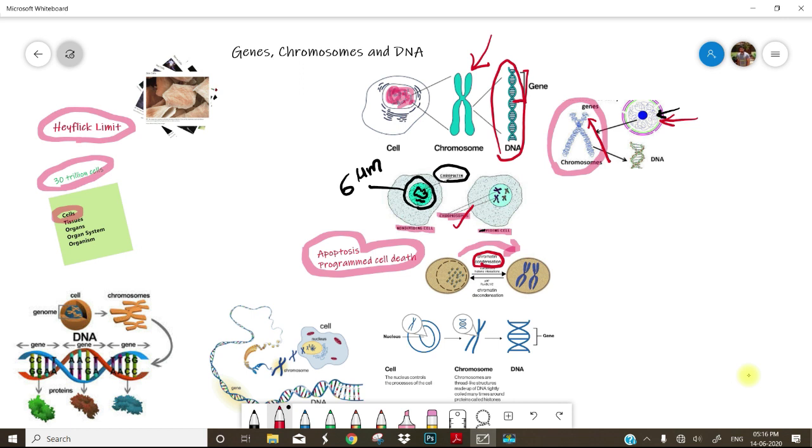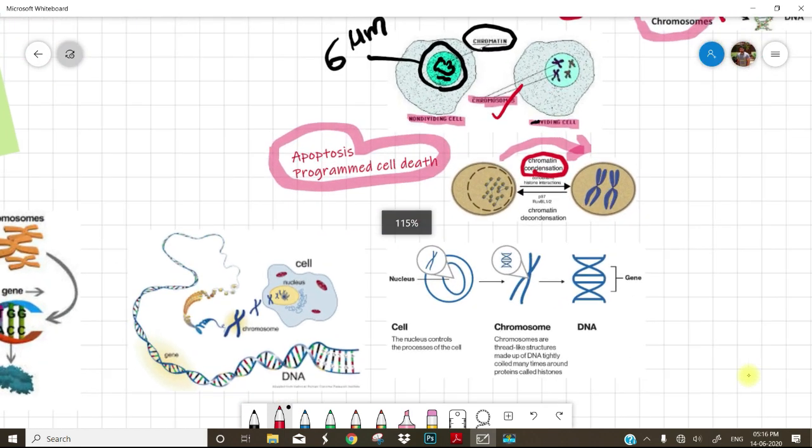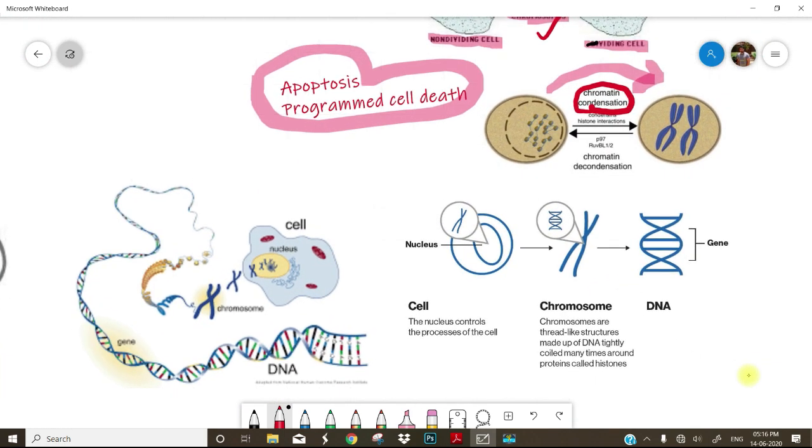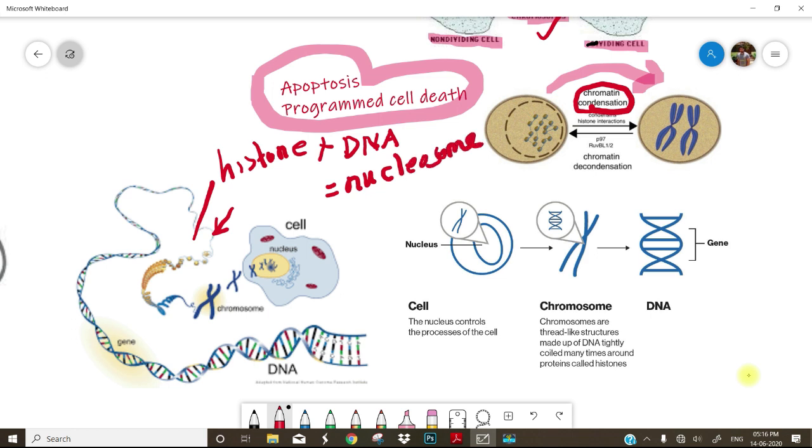Here, a new term has been introduced: nucleosome. A nucleosome is a structure which is the combination of DNA and its associated proteins, histones. So histone plus DNA gives nucleosome.